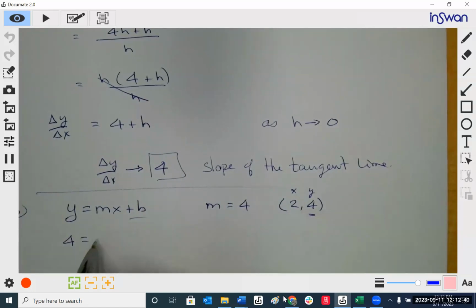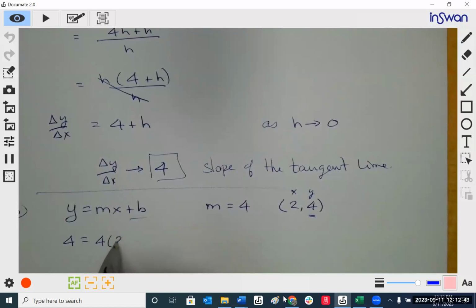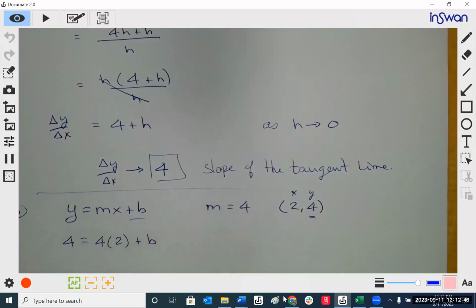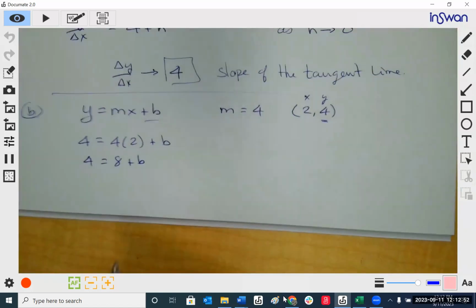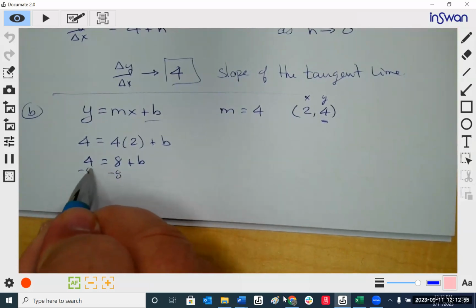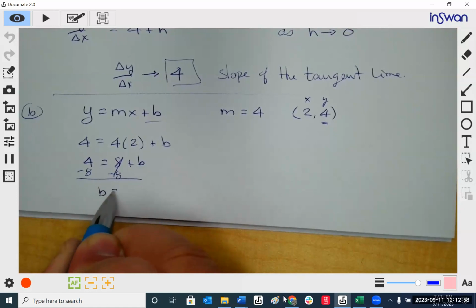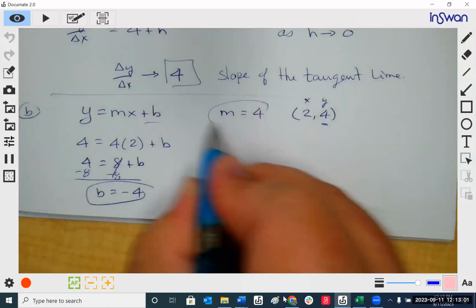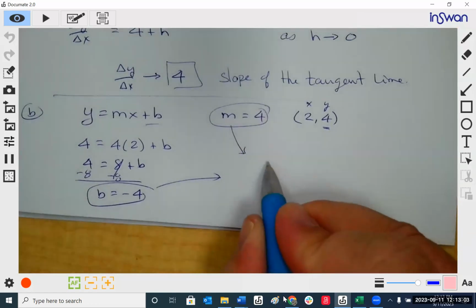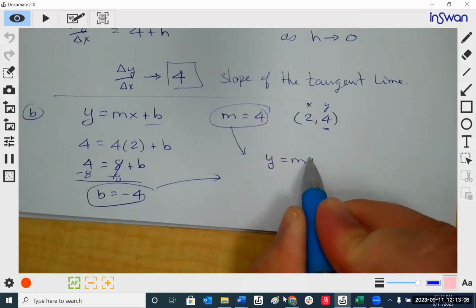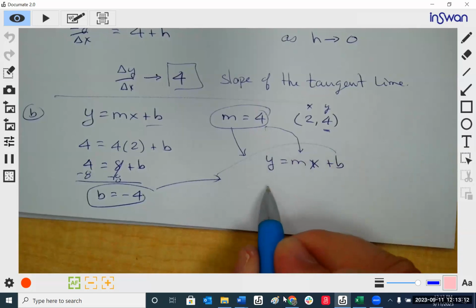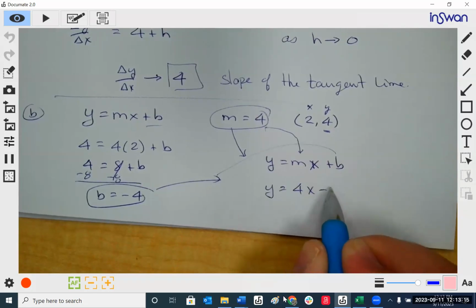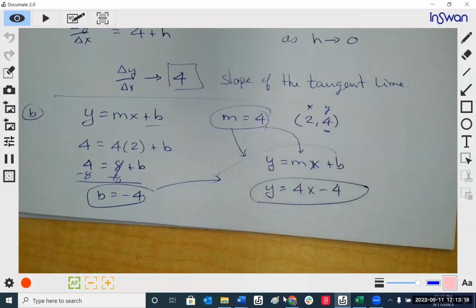So the y is 4, m is 4, x is 2, so plug in m for that one and b for that one, and we have our answer. That's the equation of the tangent line, of the line tangent to the curve at that point.